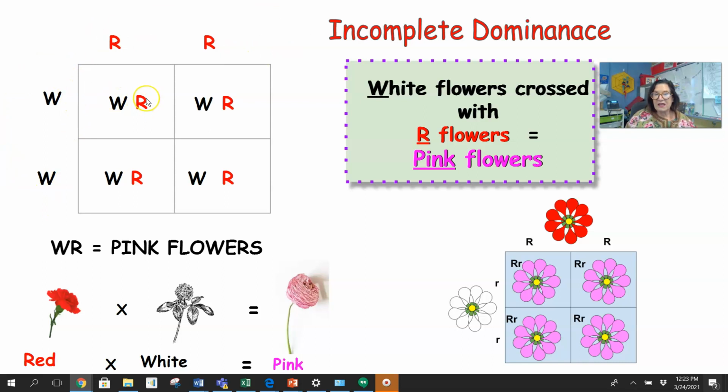But with incomplete dominance, our white flowers crossed with red flowers are going to equal pink flowers. So you can see here, and also with this little diagram, this Punnett square. So this would be your genotype here, and this would be your phenotype here.